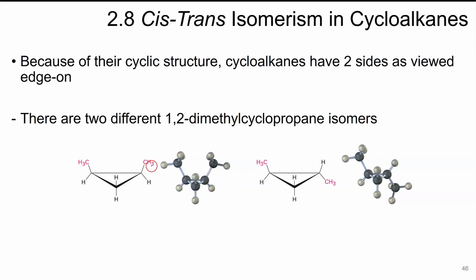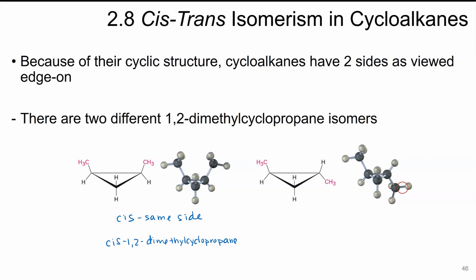If you have 2 substituents on the ring and they're both coming up on the top half, or the same side, this would be cis, which means the same side. So when we would name this, this would be cis-1,2-dimethyl cyclopropane.